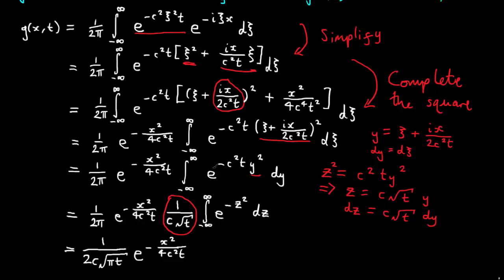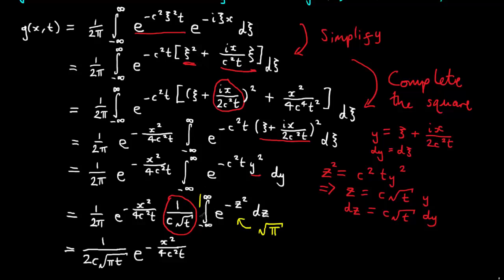But then the integral finally is going to be a nice one, because we're going to have the integral from minus infinity to infinity of e to the minus z squared dz. And this is a well-known integral, and although we haven't proved it in the course, you'd always be given this result. Then this integral is equal to the square root of pi.